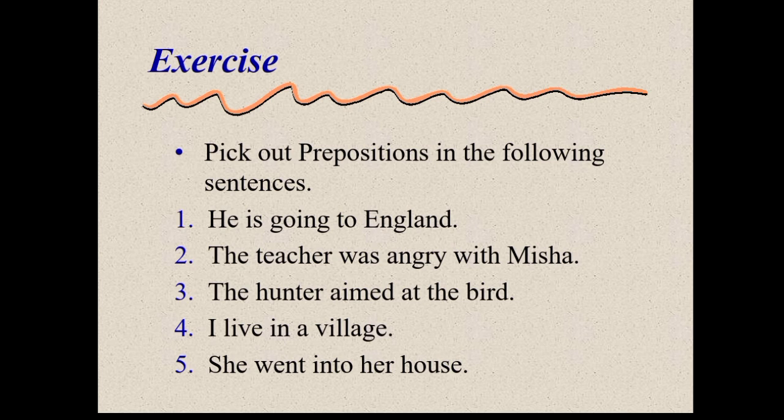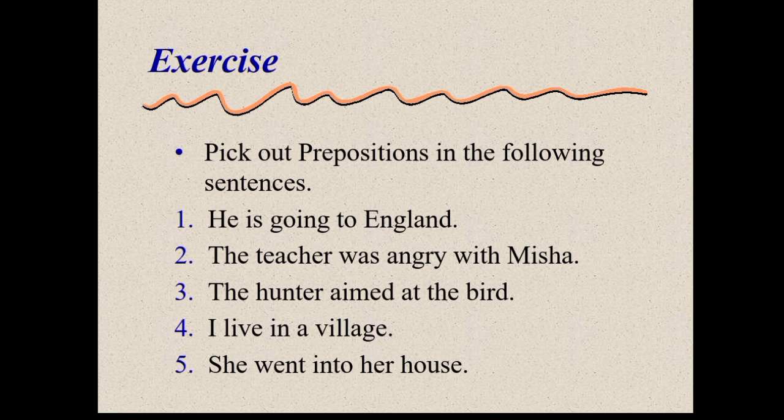Likewise, I am also going to send you homework about prepositions and you have to identify which are the prepositions. We have seen before the most commonly used prepositions. So you can guess. He is going to England. So here to is the preposition.